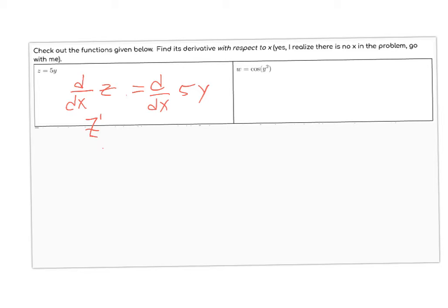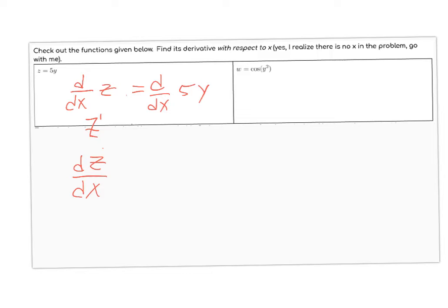The second way of thinking about this is that the derivative of z with respect to x can be rewritten as dz dx. That means the same thing as z prime, and the same thing as any of the other derivative forms that we have, and can be useful here.